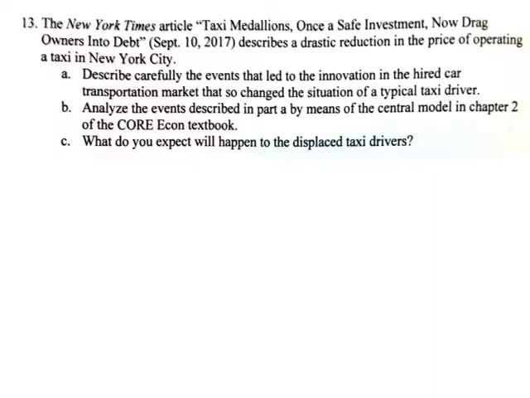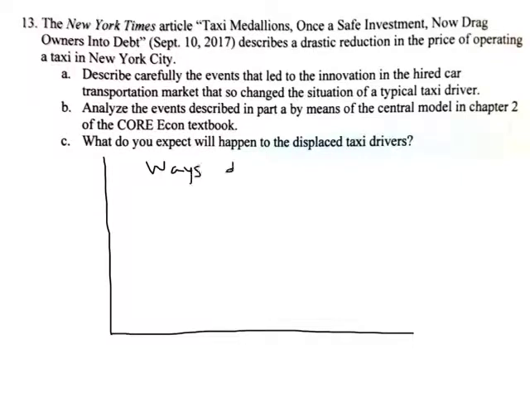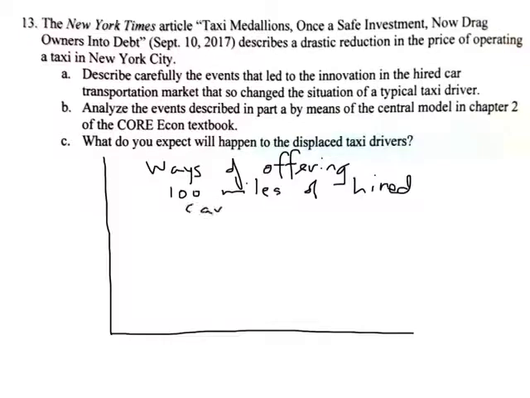So here, the way we'd model this is to simplify the world to focus on ways of offering some quantity, let's just say 100,000 miles of hired car travel in New York City. So that's our fixed output.